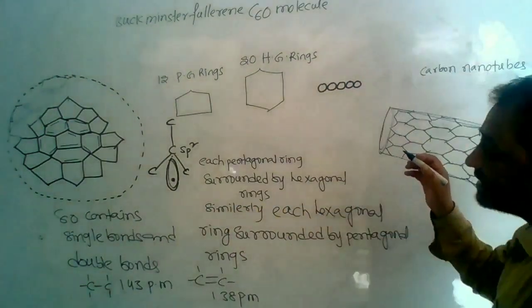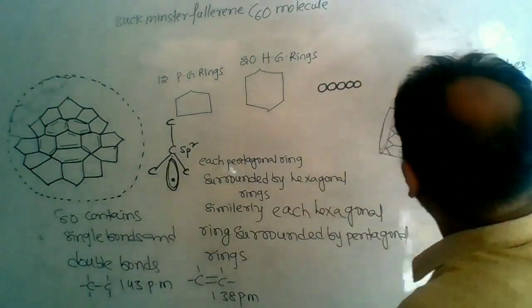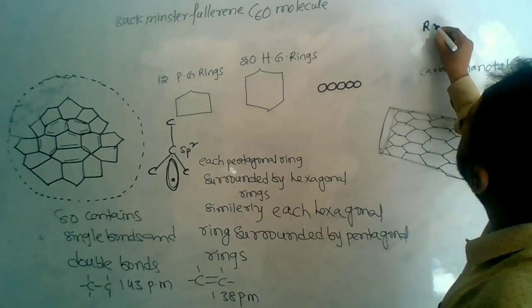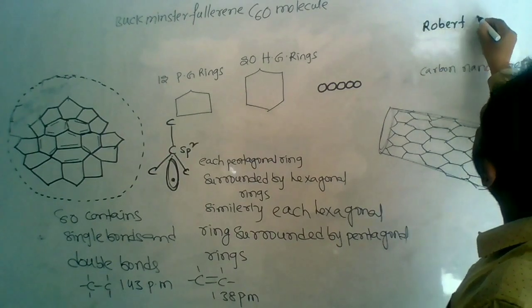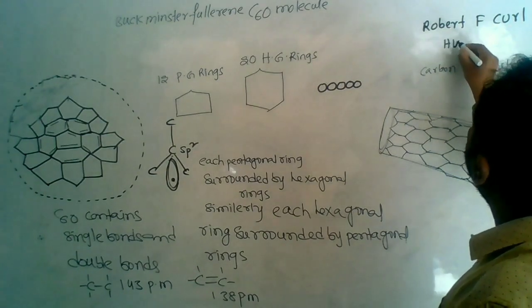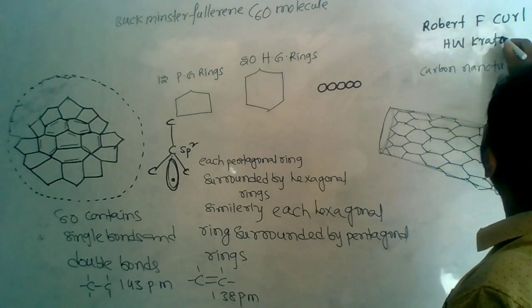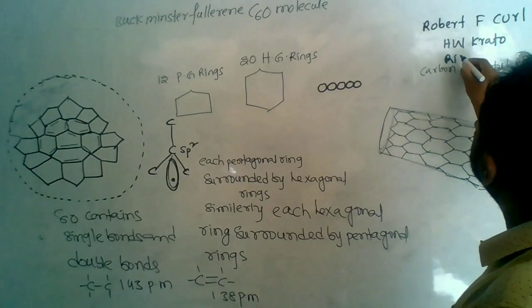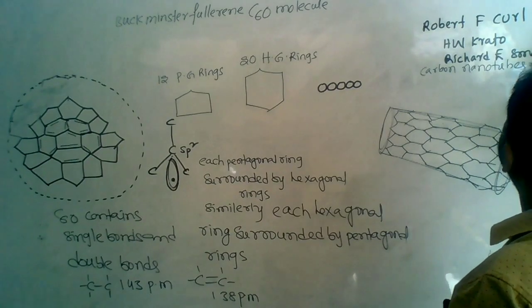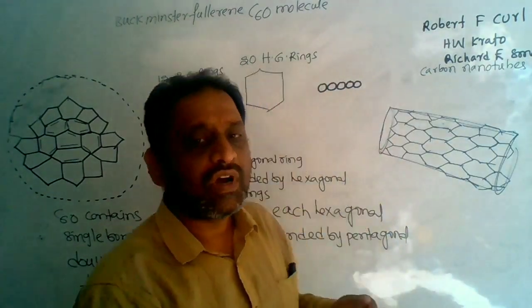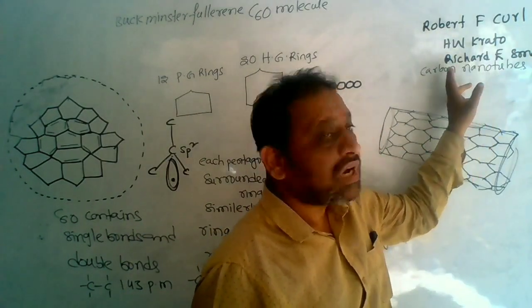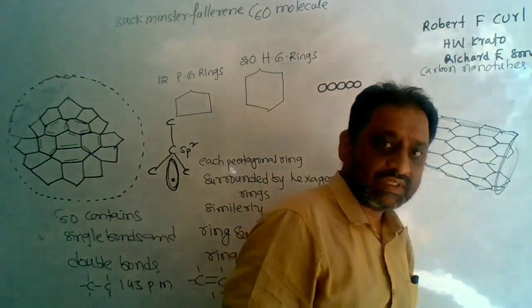Buckminster fullerene was discovered by a team of American scientists: Robert F. Curl, H.W. Kroto and Richard E. Smalley.